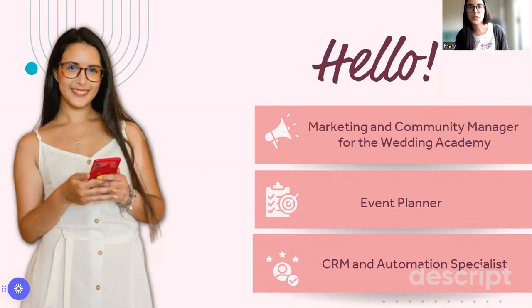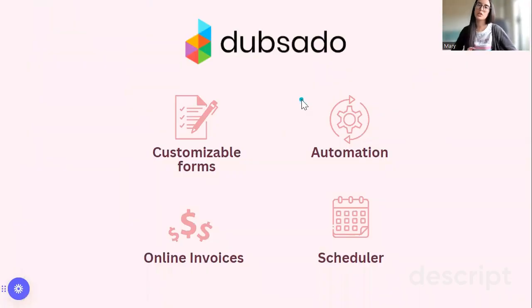So one of the main questions now probably is, what's Dubsado, right? Dubsado is basically a cloud-based software that helps any kind of business, really. It could be product-based, service-based, big businesses, small businesses, it doesn't really matter, but it helps them to streamline the operations.